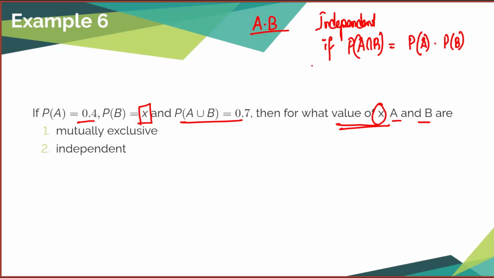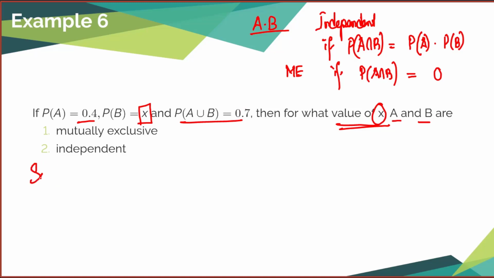This is the condition for two events A and B to be independent. If their simultaneous occurrence is equal to their product, then they are called independent. And mutually exclusive if probability of A intersection B, that means their simultaneous occurrence, is equal to 0, that means it is impossible, right? Now what is mutually exclusive? When two events cannot occur together, then their probability will always be 0.